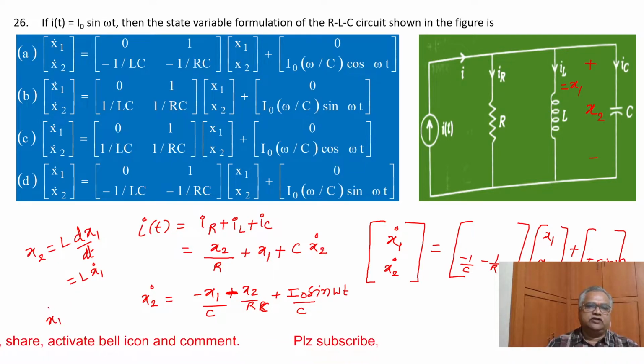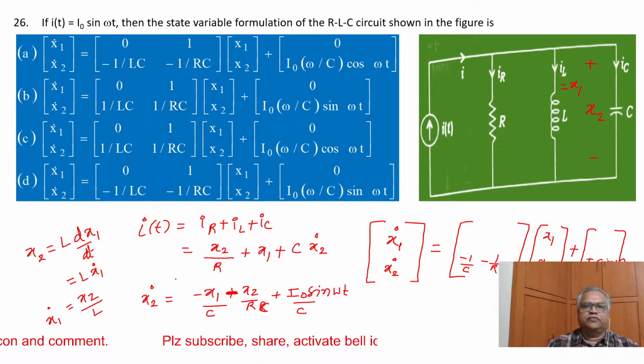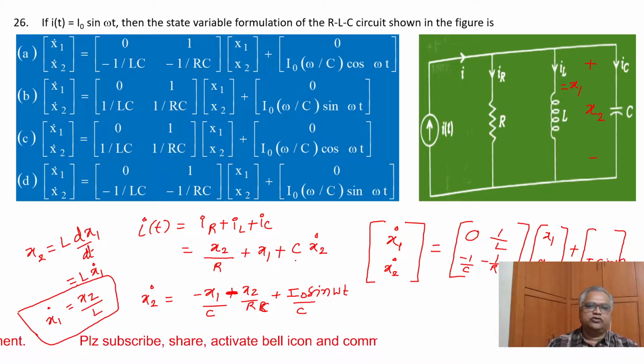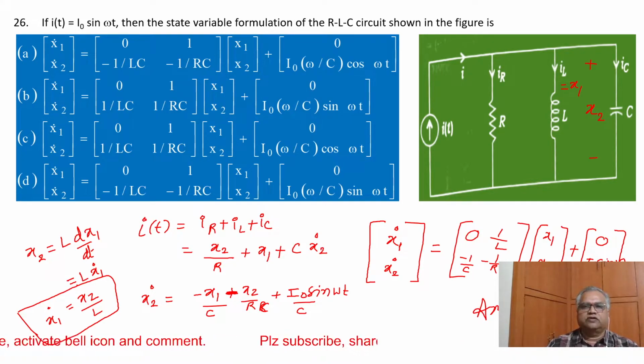What is x1 dot from this? x2 by L. So x1 dot is equal to, if I multiply x1 not there, so 0. Here 1 by L. So I should get only this equation. So 0, 1 by L, and this value is also 0. So this is the correct answer. Here no answer is matching, something wrong, but this is the correct.